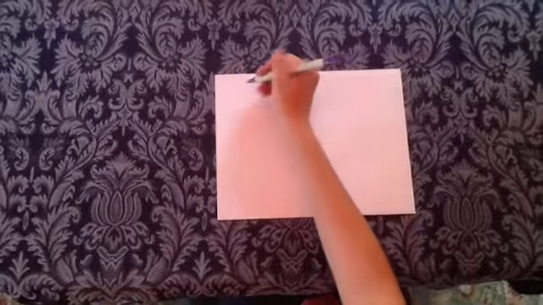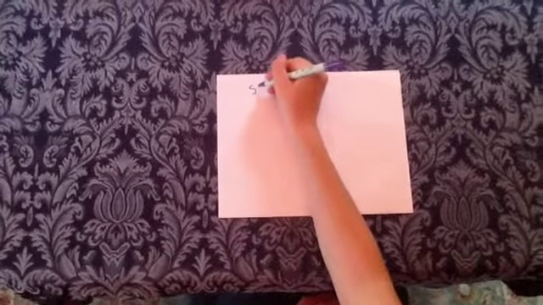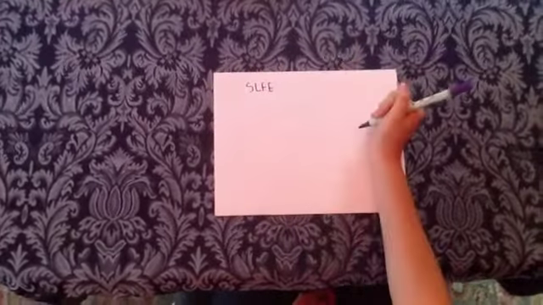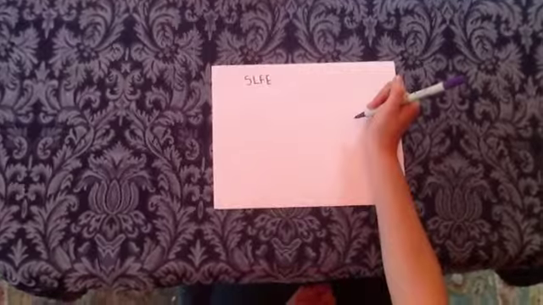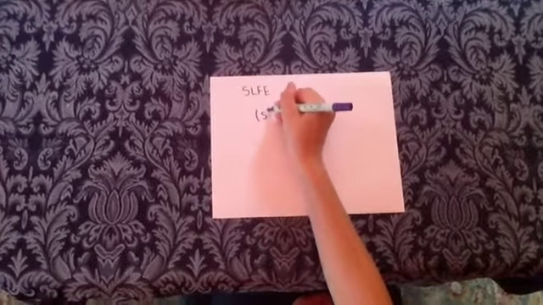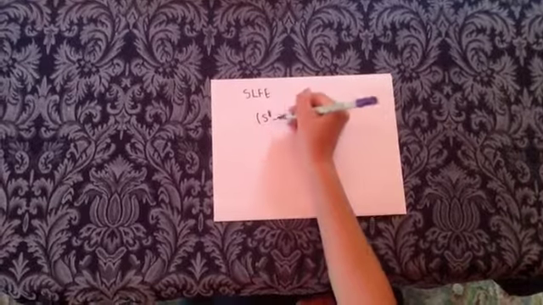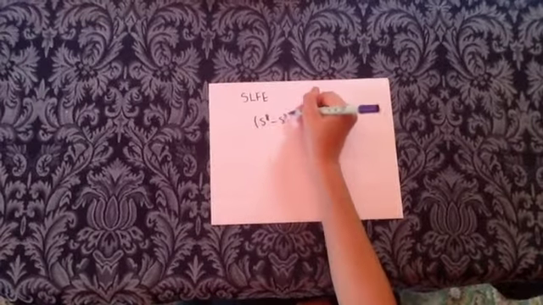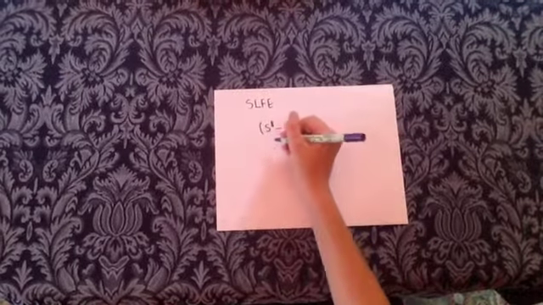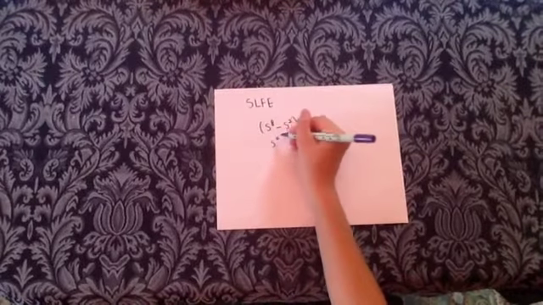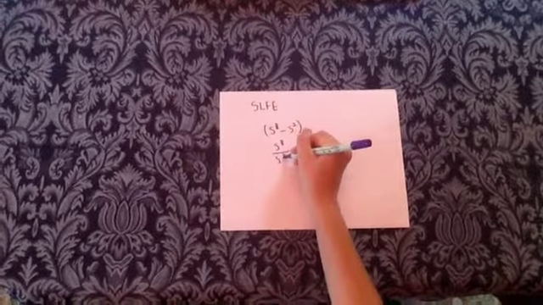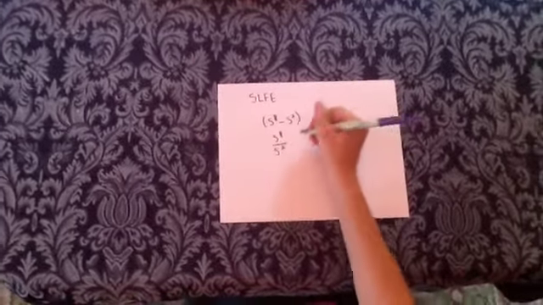Now, what do you think Sulphi means? That's right, subtractive law for exponents. If you had an equation like this, s to the power of 8 divided by s squared, you can look at it like this. 8 s's over s squared.